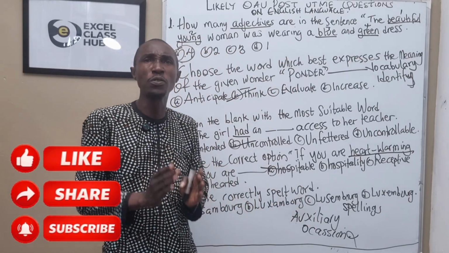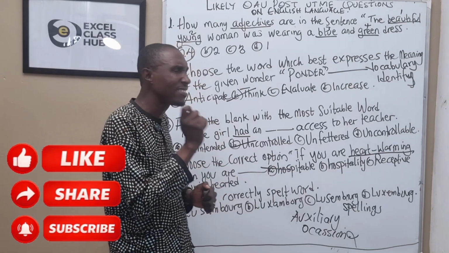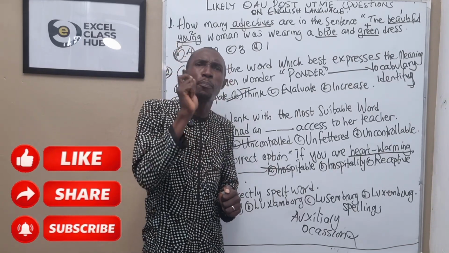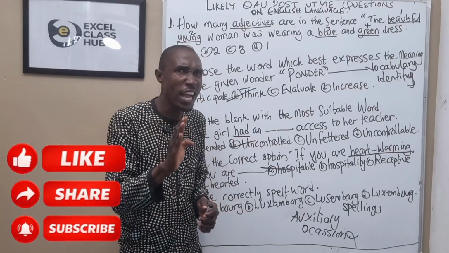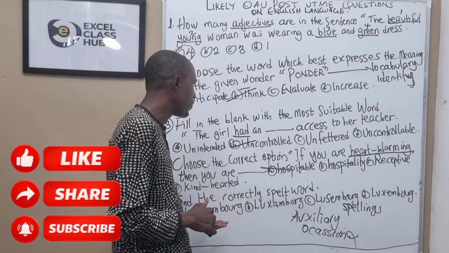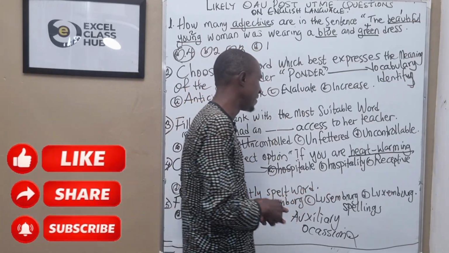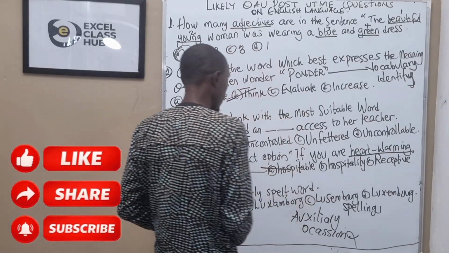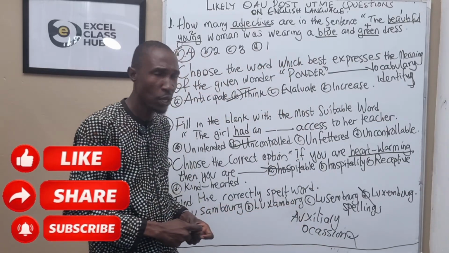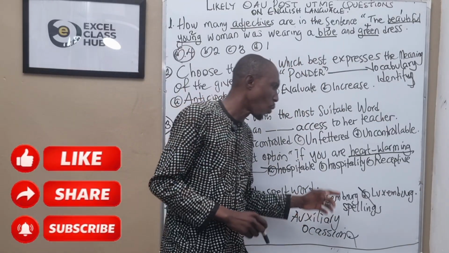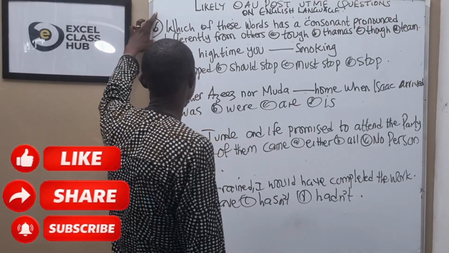So if you want to spell a word correctly, identify the correct pronunciation of that word. The correct pronunciation will help you in spelling a word correctly. So in this question, the correct answer is D, Luxembourg. So please take note when dealing with spellings.